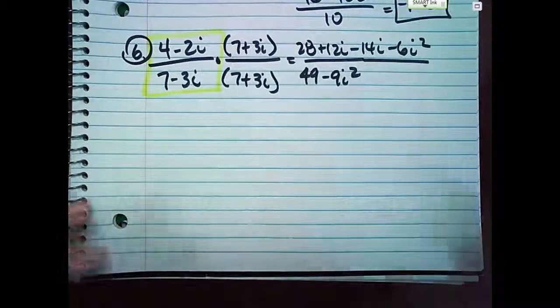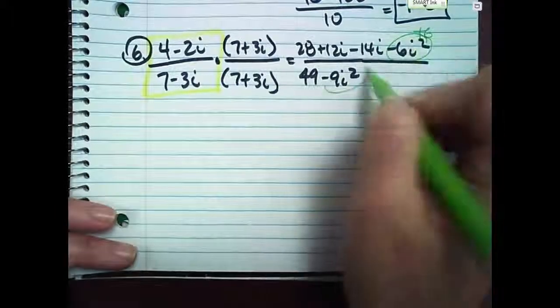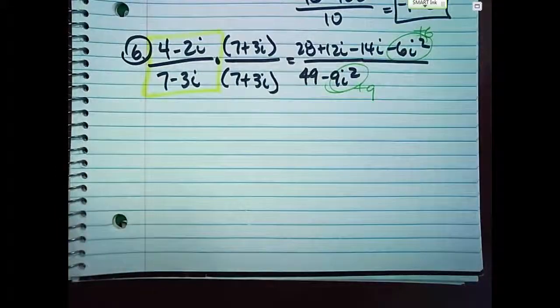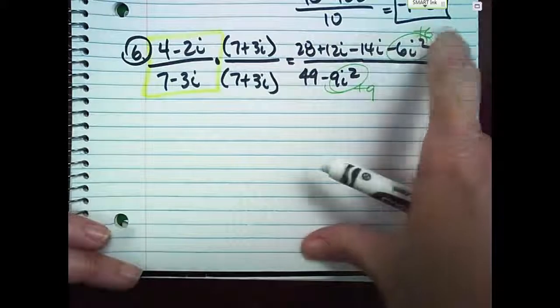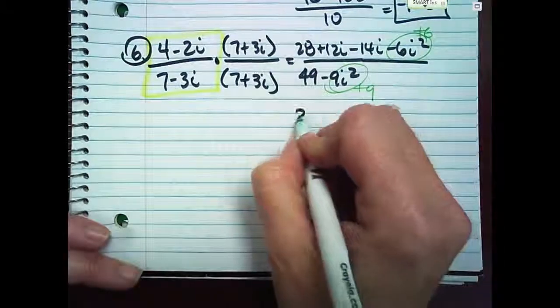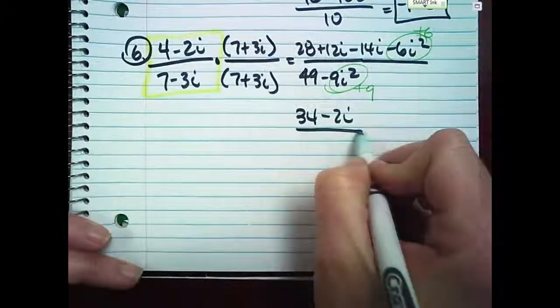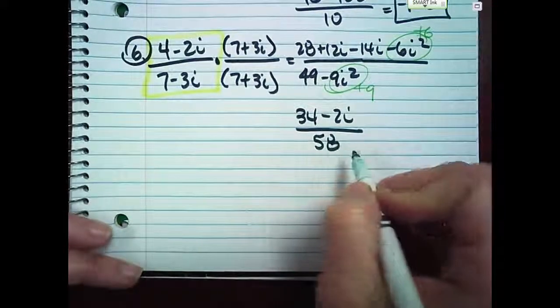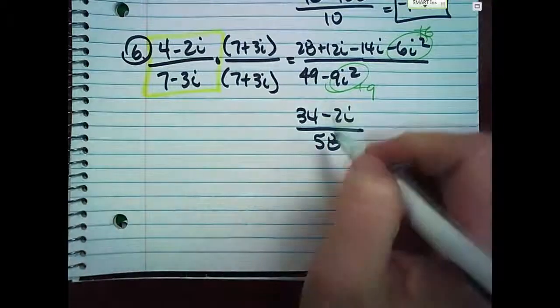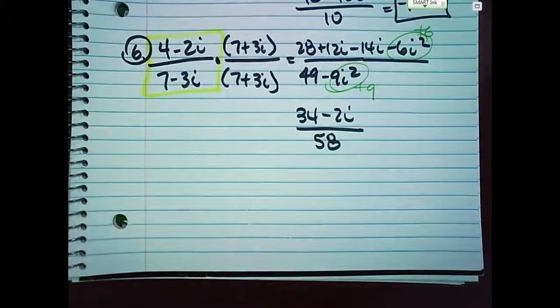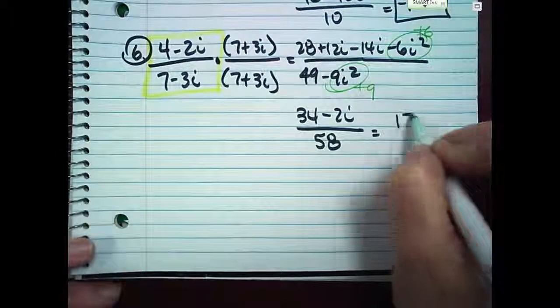Okay, on here, this becomes a plus 6 and a plus 9. Combine your reals together first. So you end up with 28 and 6 giving us 34, and 12 and negative 14 giving us negative 2i over 58. They're all even, so you can divide them all by 2.